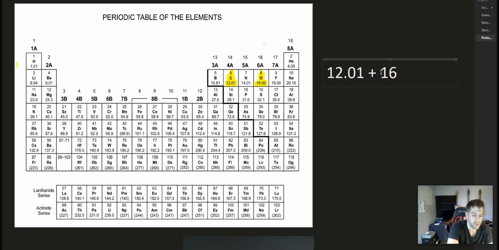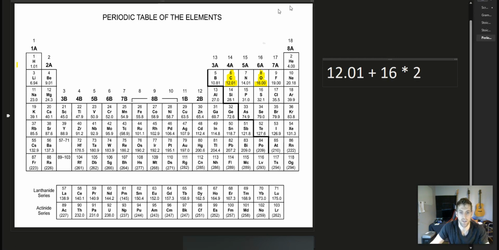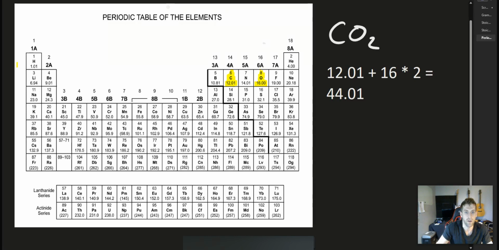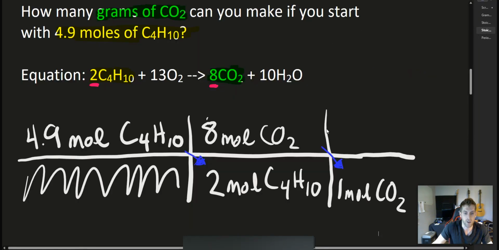But also notice that we need to multiply that by 2 because it's carbon dioxide. There's 2 oxygens. When we press equals, we see that we get 44.01 grams of CO2. So we are going to write this out here. We are 100% CO2, and we are finding grams of that. So we have 44.01. We can switch back to our chart here.